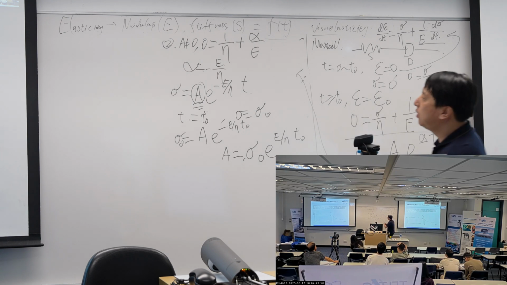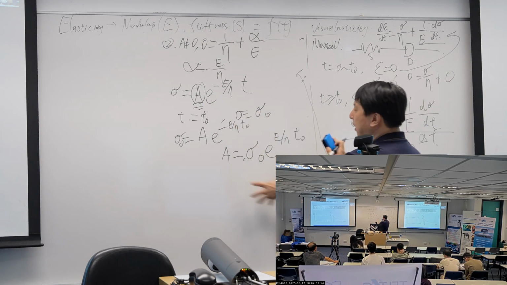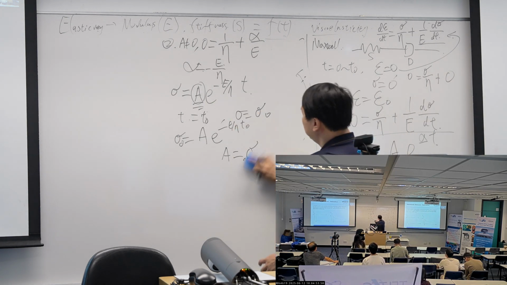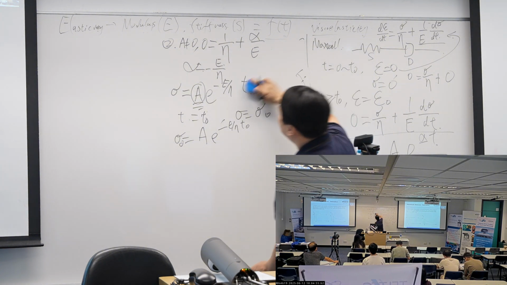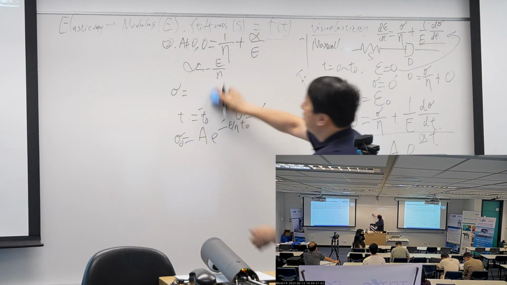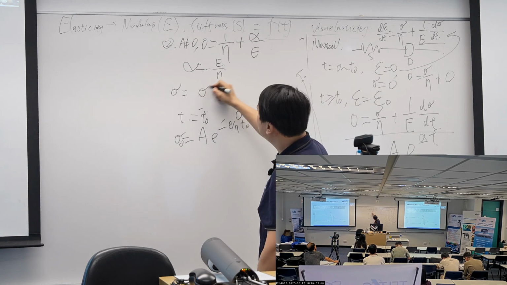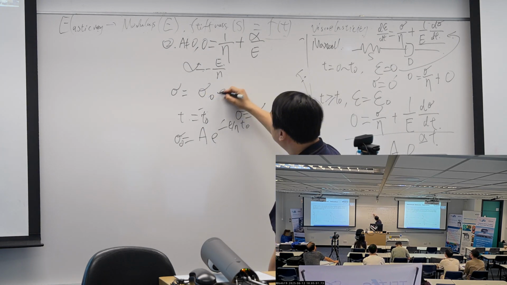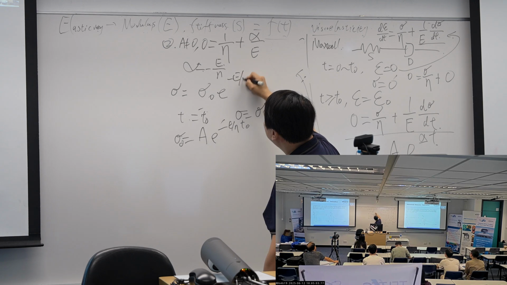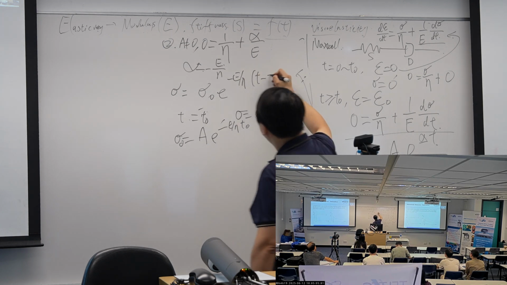Then you put it back in, so our final result should be sigma 0 times e^(negative E over eta (t minus t0)).